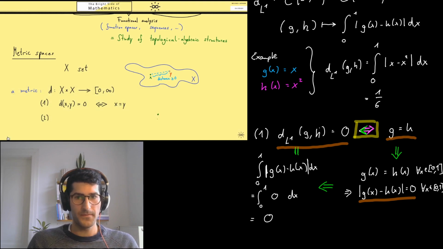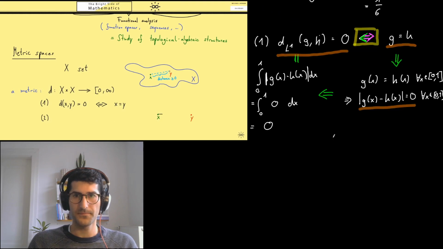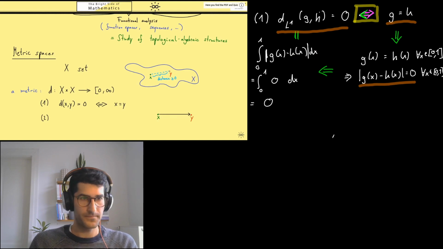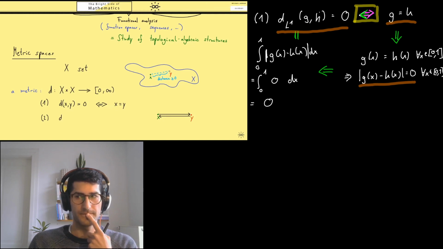So if we look again at 2 points, x and y, and now we measure the distance from x to y. And of course, this should be the same as starting at y and going to x. So the distance from y to x should be the same as the distance from x to y. This means the map is symmetric. It does not matter which is the first and which is the second element. You get the same result.